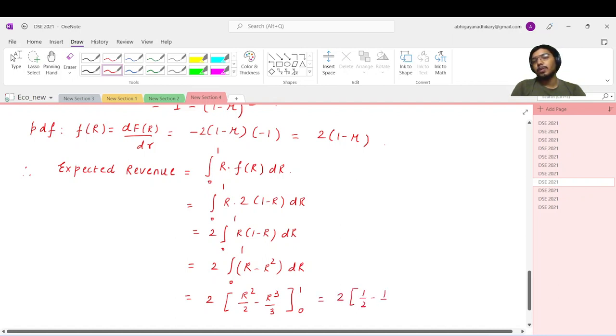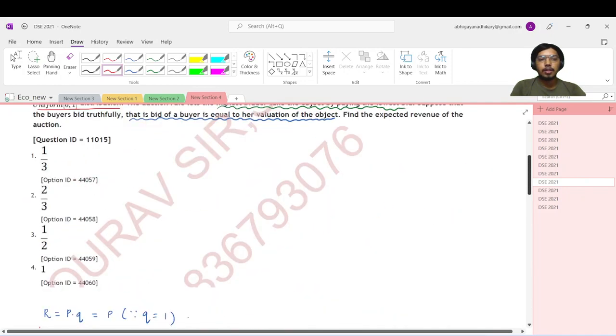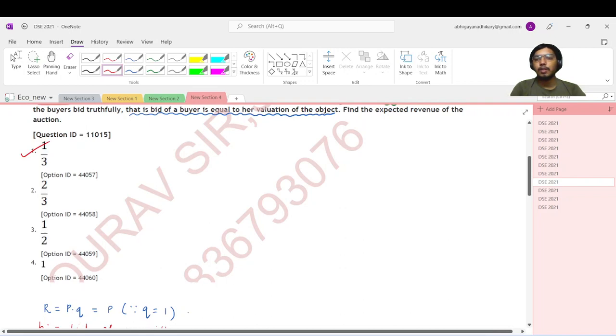It is 1 by 2 minus 1 by 3, which is (3 minus 2) by 6, which is 1 by 6, times 2, which is 1 by 3. This is the expected revenue, and that is option 1 in this case.